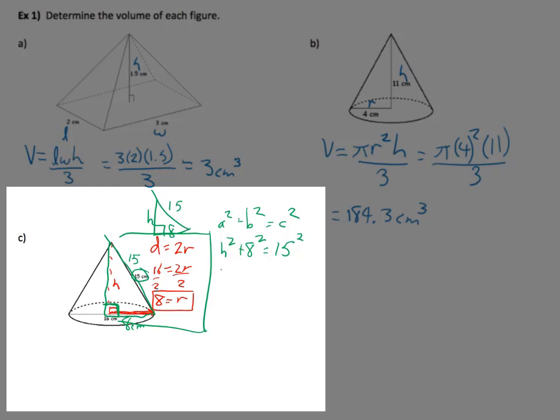So I'm going to end up with h squared equals 15 squared minus 8 squared. So that's going to be h squared equals 161. Take the square root of both sides. I'm left with h equals about 12.7 centimeters. It's not centimeters cubed or squared because it's just a length. So we got h. Perfect.